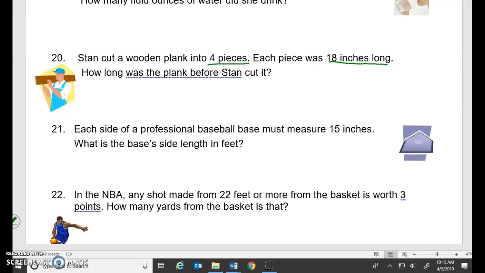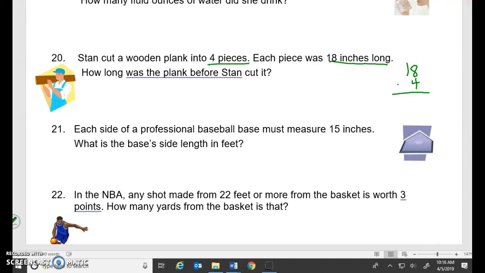So I just did 18 times 4. Do you guys agree? Yes. I agree as well. 18 times 4. Because you'll notice that each of the pieces was cut the same length. So that's definitely telling you to multiply. I think what probably happened if you got stuck is you were thinking you had to do a conversion. And you're like, how am I going to make a conversion on that?